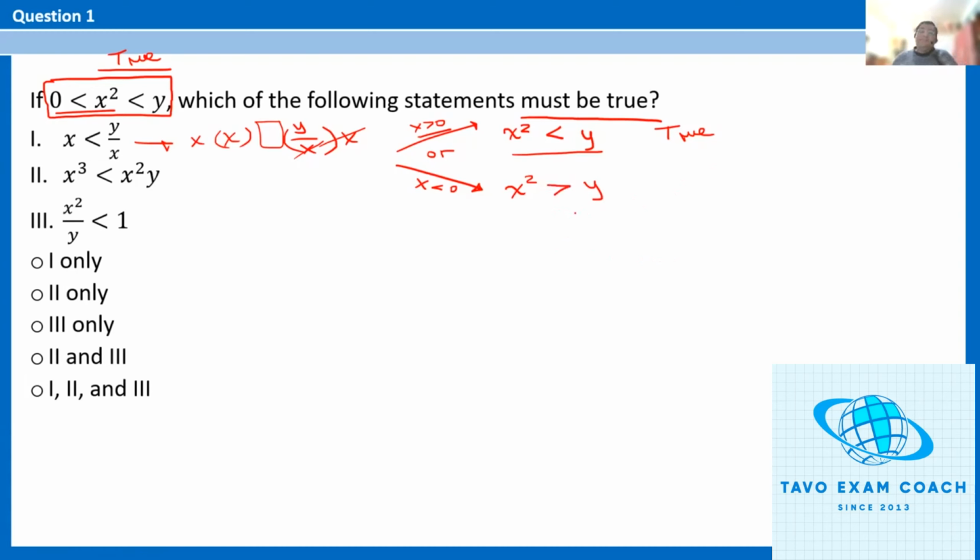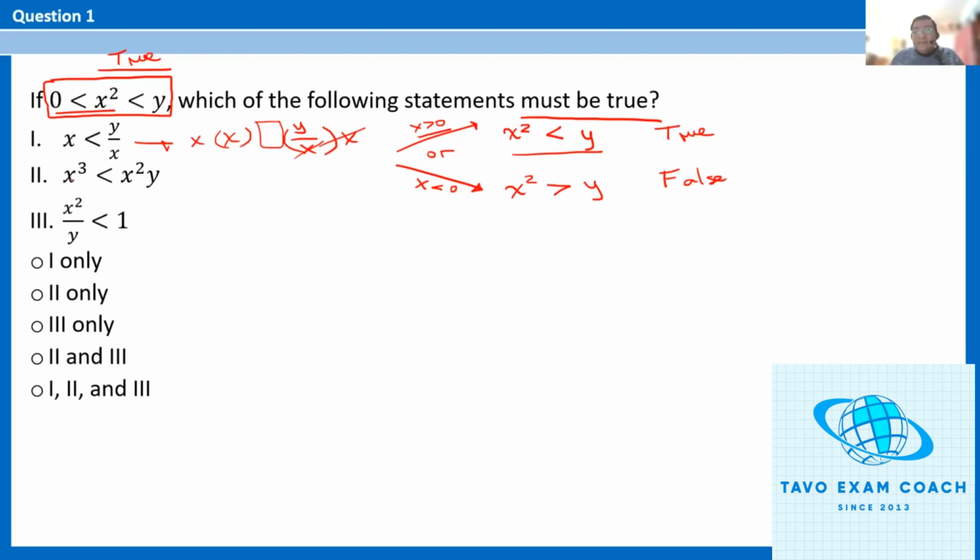So we obtain an inequality that directly contradicts our premise. If x squared is less than y, then saying that x squared is greater than y must be false. So inequality number 1 can be true or can be false. It's not always true, depending on the sign of x.